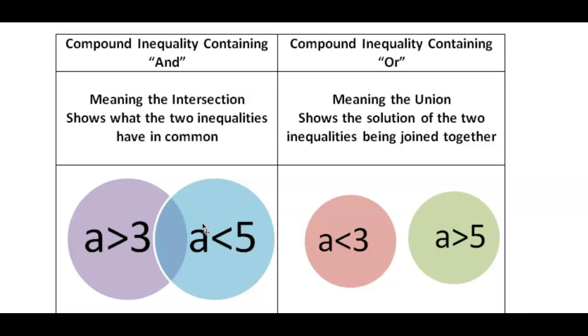So if you look at a comparison of two graphs, the and graphs share everything in this middle region, where the or graphs are typically opposite. They're going in different directions.